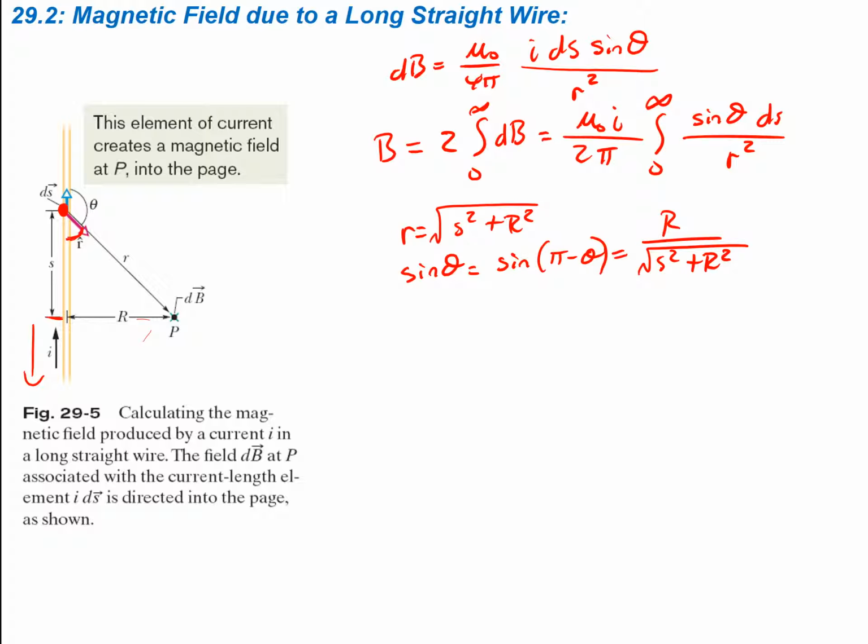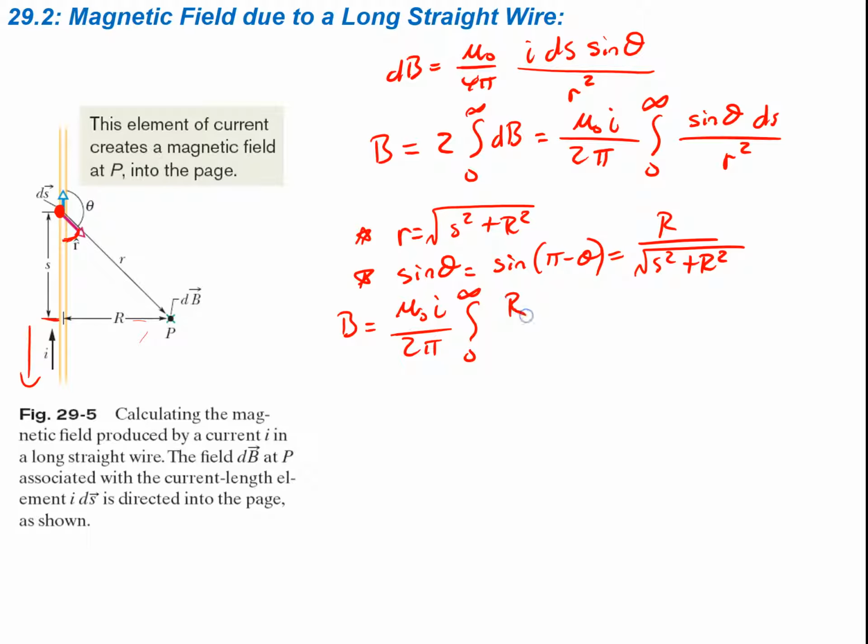Okay, so now that we figured out another way of writing sine theta, and another way of writing r, we can plug both of these back into our original equation. So what we end up with is the magnetic field is equal to mu naught I divided by 2 pi times the integral from 0 to infinity of r ds, because that r comes from right here.